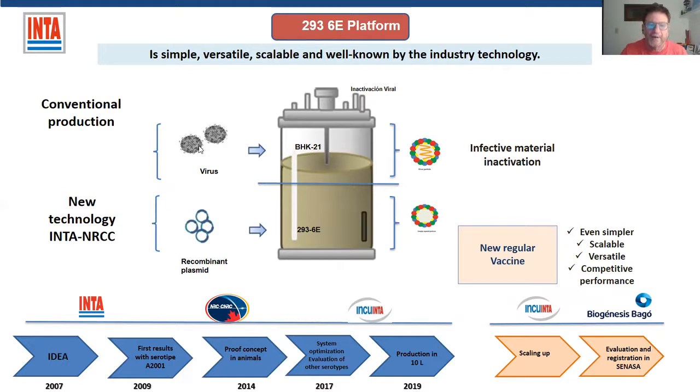In the first case, the vaccine was made by infection of BHK cells. We produce a big amount of virus, then you need to inactivate the virus. In the new technology, instead of using virus, you use recombinant plasmids. We can make different recombinant plasmids from different serotypes.